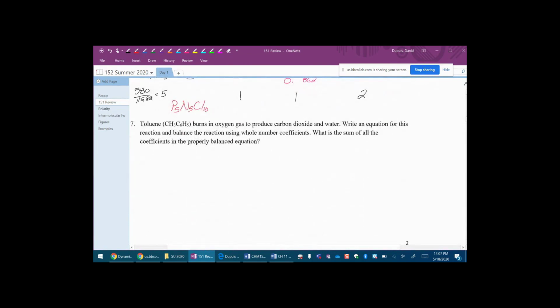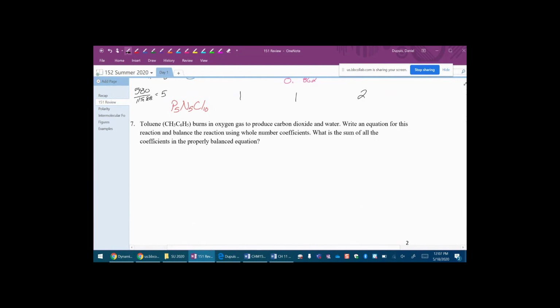All right. Toluene, which is CH3C6H5, methylbenzene, burns in oxygen gas to produce carbon dioxide and water. Write the equation for this reaction and balance the reaction using whole number coefficients. What's the sum of all the coefficients? Don't forget any ones.